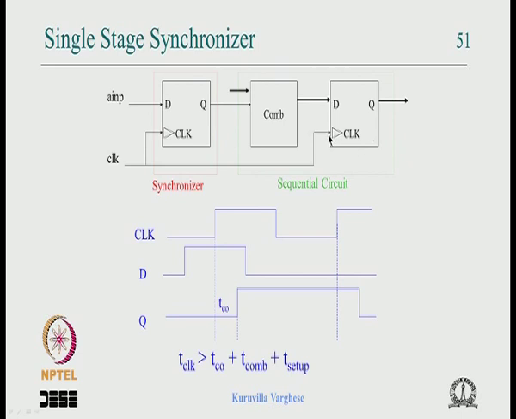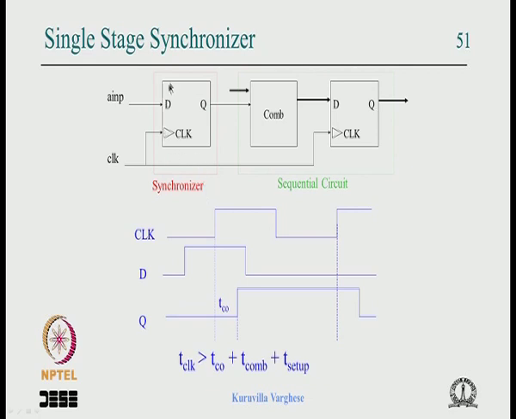Now the only hope we have is that instead of all the flip flops getting into metastability, a single flip flop might get into metastability, and we are hoping that before the next clock edge it comes out of metastability. That's the best hope we can have in a single stage synchronizer.